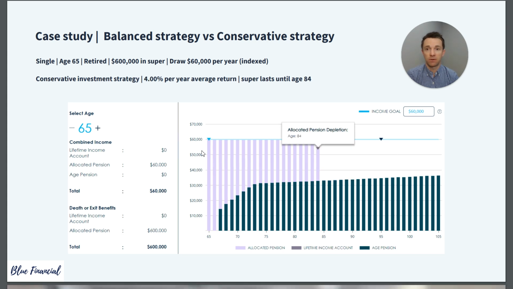So they've gone to a conservative strategy, getting a 4% return. So it's dropped from 6.5% to 4%, drawing out the same amount. The super lasts to age 84, so 7 years earlier. So the risk of running out of money while they're still alive potentially increases dramatically.